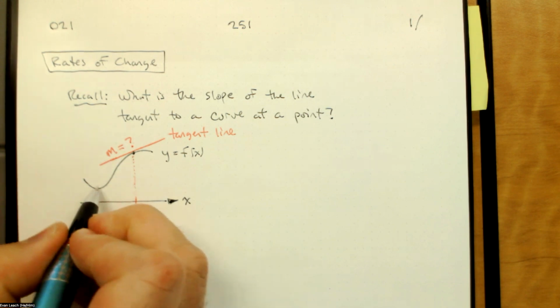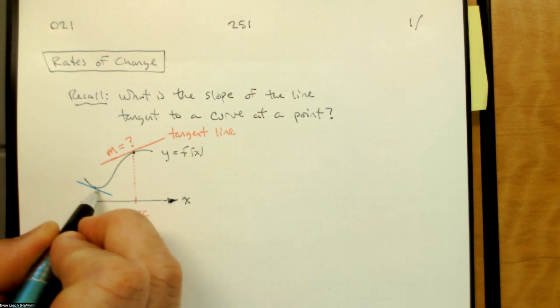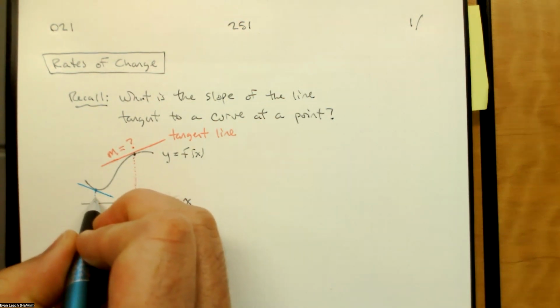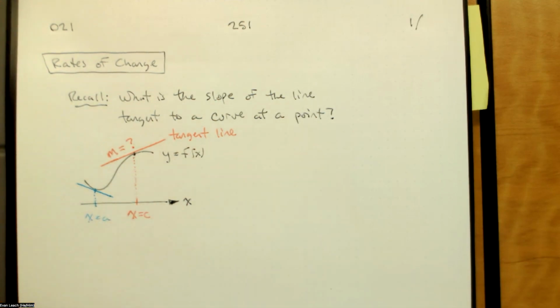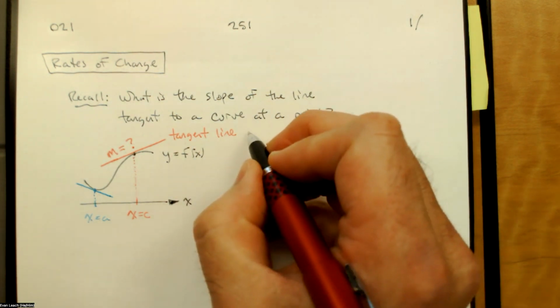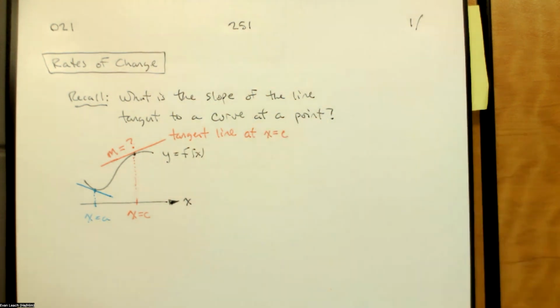If I pick this point back here, that's a tangent line at A. So we're going to say that this is the tangent line at x equals c. So we'll be specific about which tangent line we're talking about. What is the slope of the line tangent to a curve at a point?